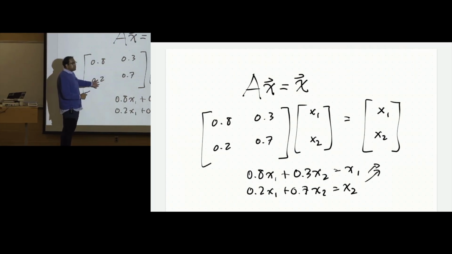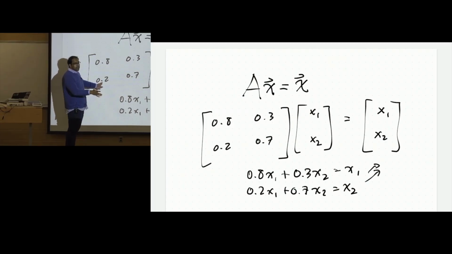This is a matrix, and if there's an eigenvector for that matrix, anything on that line is also an eigenvector. But what's the added condition we introduce to make x1 and x2 a valid state distribution?